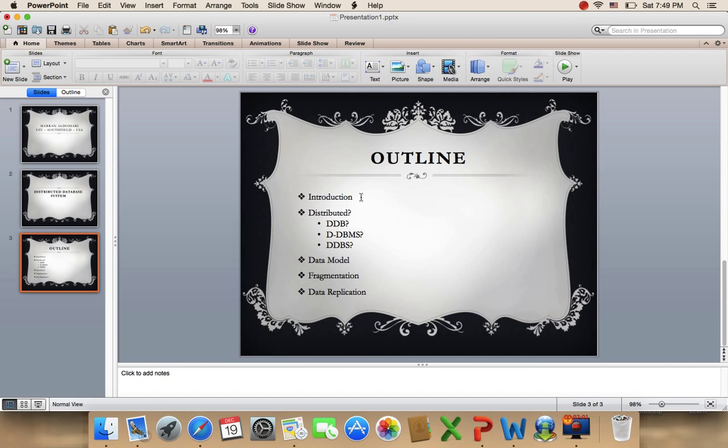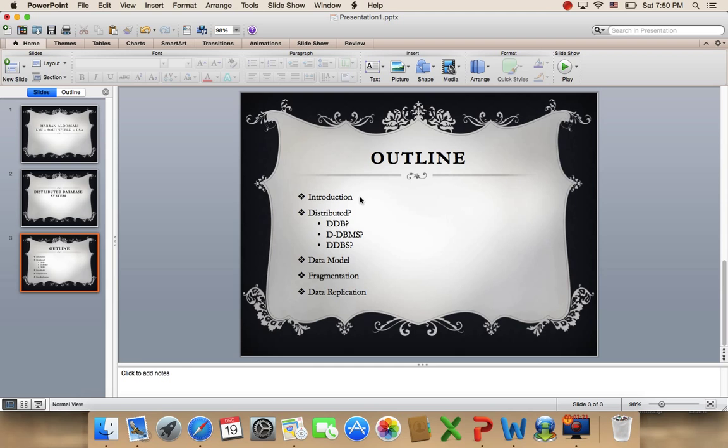The final type is the physical data model, which describes how the system will be implemented using a specific database management system, such as Oracle or Access or SQL and so on.